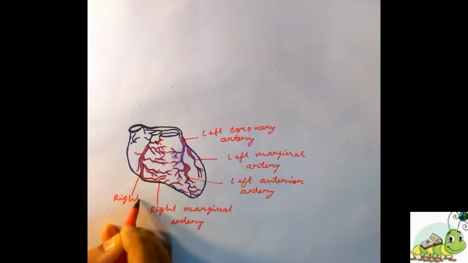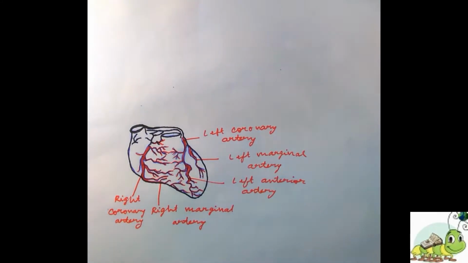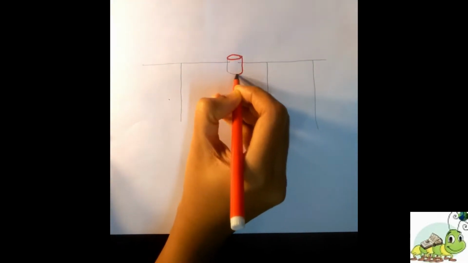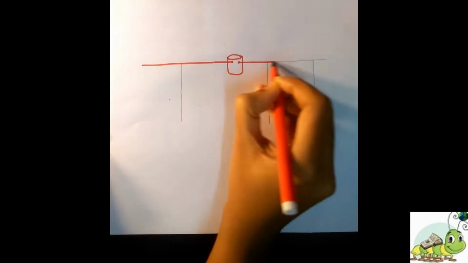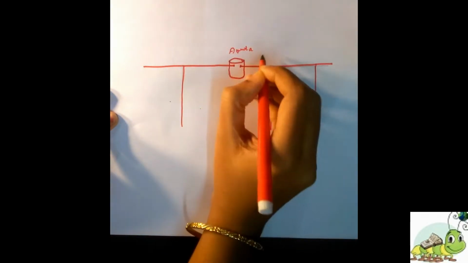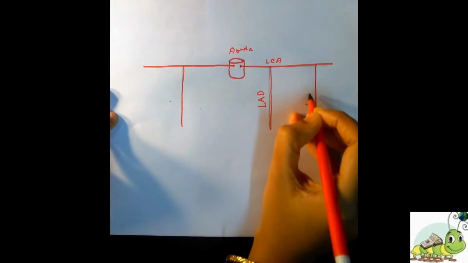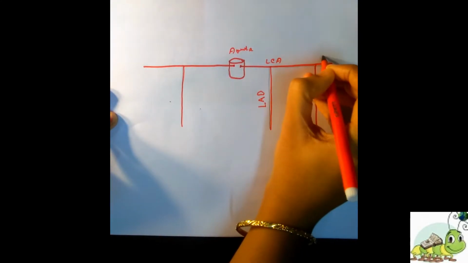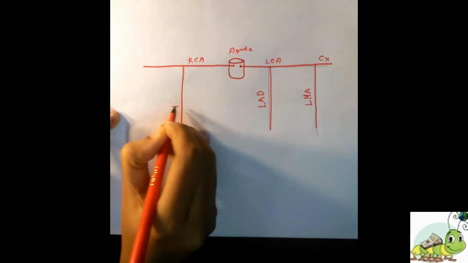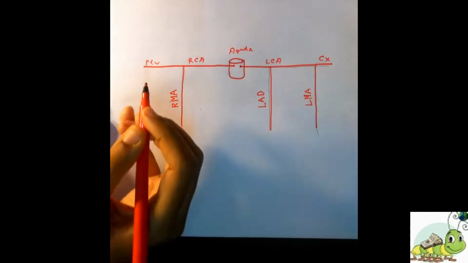The RCA continues to the posterior surface of the heart, still running along the coronary sulcus. The posterior interventricular artery then arises from the RCA and follows the posterior interventricular groove towards the apex of the heart.